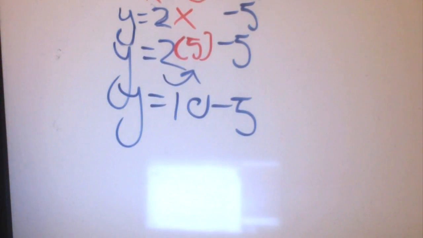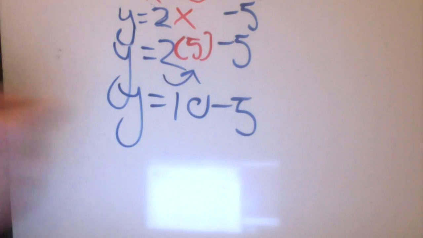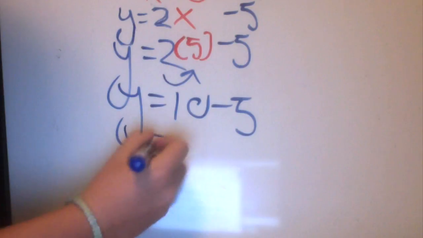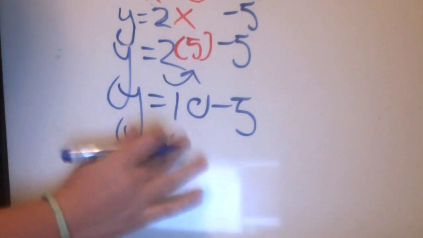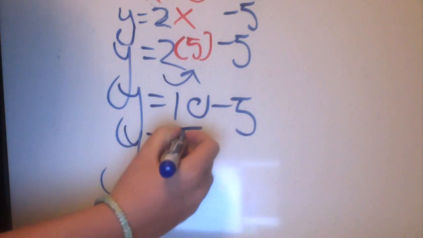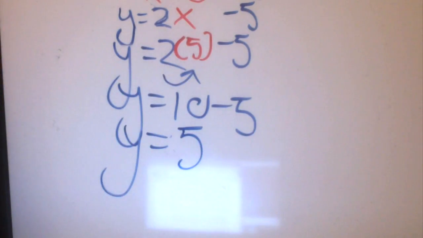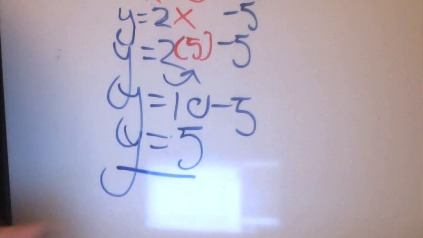Now, you would just show your work like you normally do. 10 minus 5 equals 5. Thus, y equals 5. It is important that you show that y equals 5.